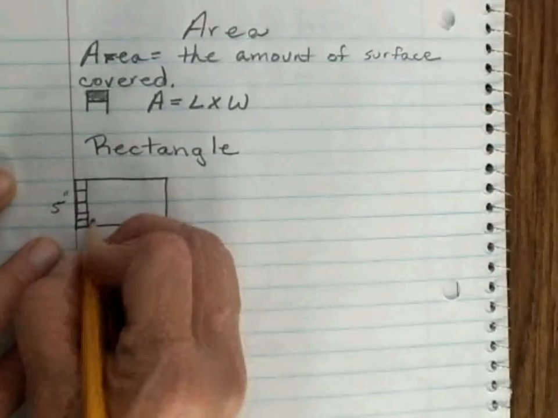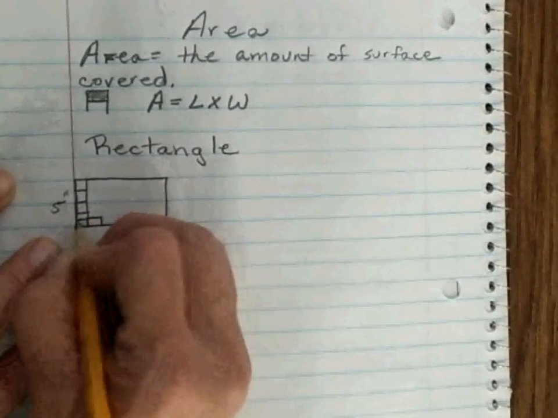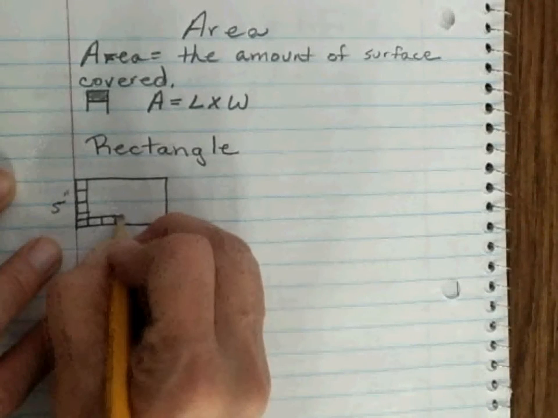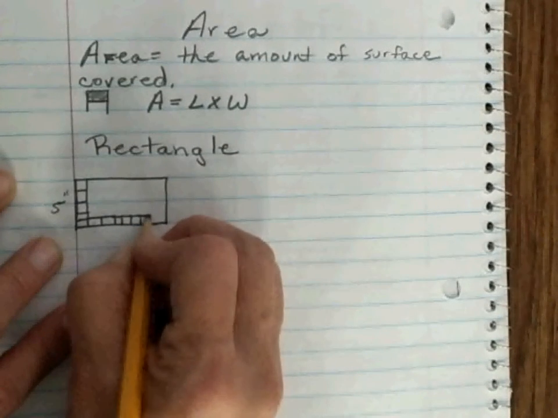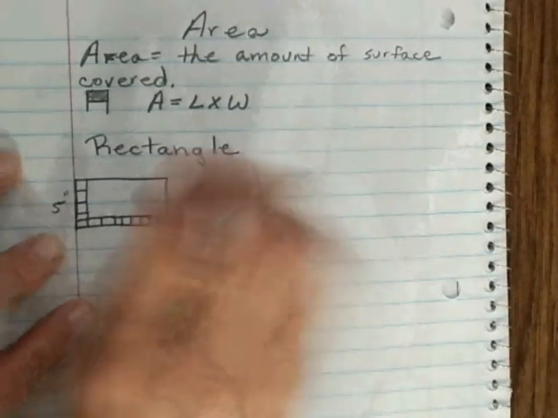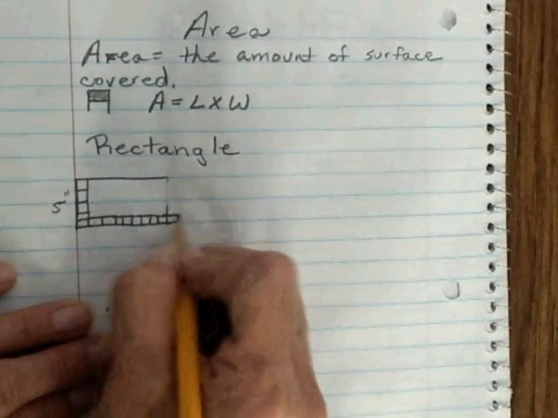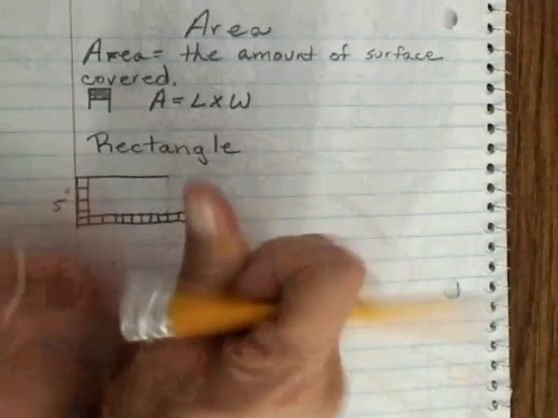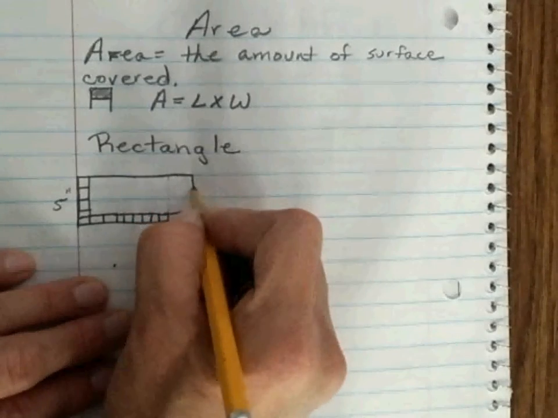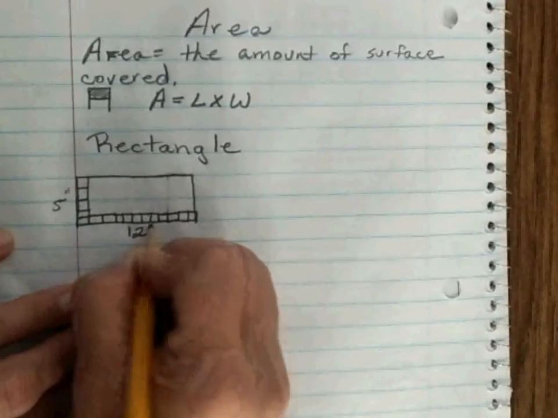And let's say it's 12 across. 12 long. 1, 2, 3, 4, 5, 6, 7, 8, 9. I need to make mine a little bit bigger. 10, 11, 12. Okay? So I have my rectangle that is 5 inches high and 12 inches long.